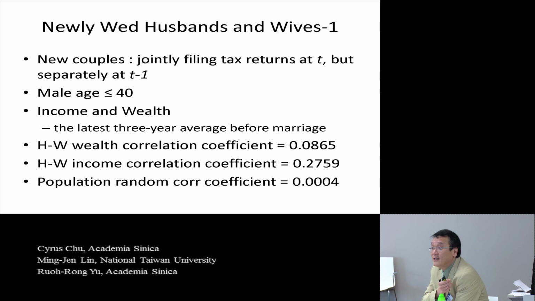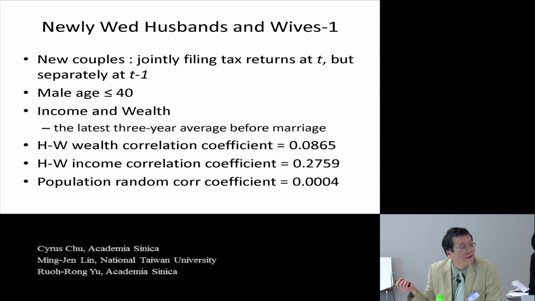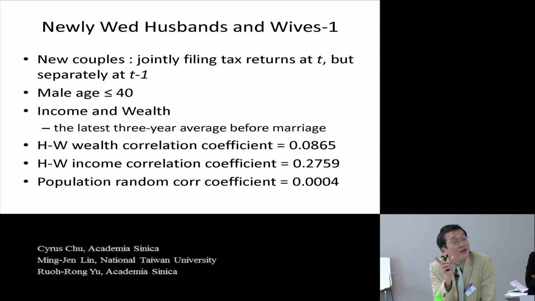We can do that. For income, we use a 3-year average, and we require at least 1 year positive. But for wealth, it doesn't matter. Wealth is independent of working status.